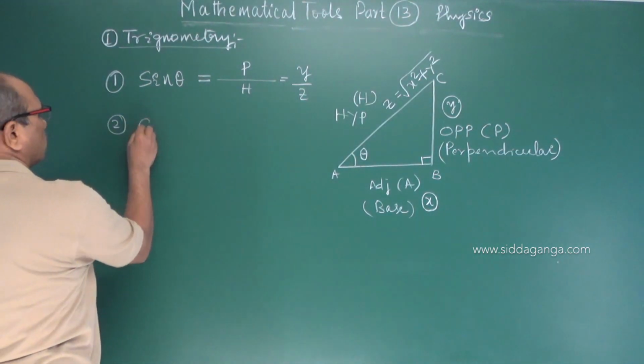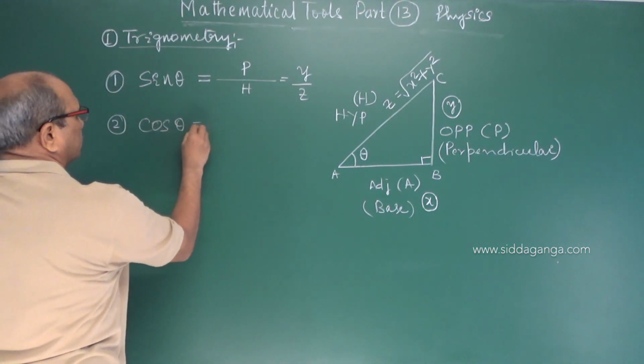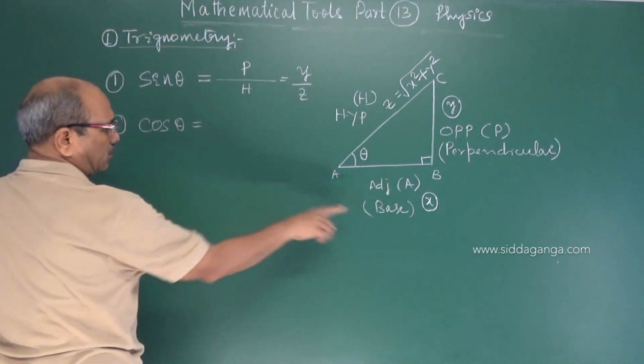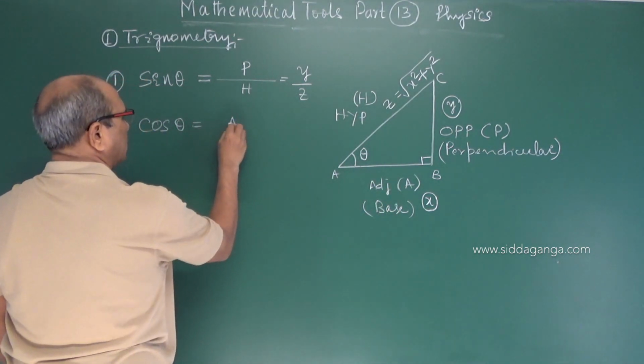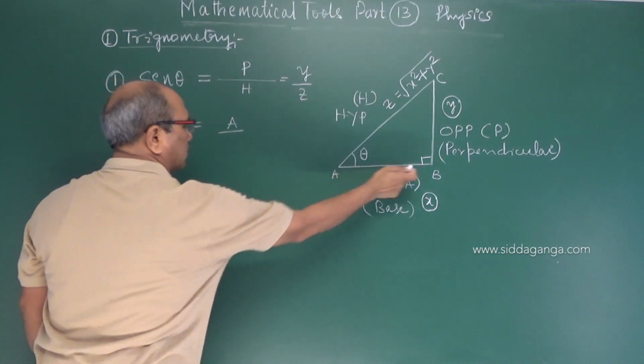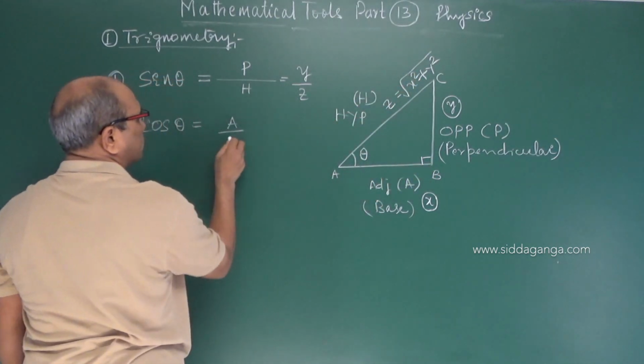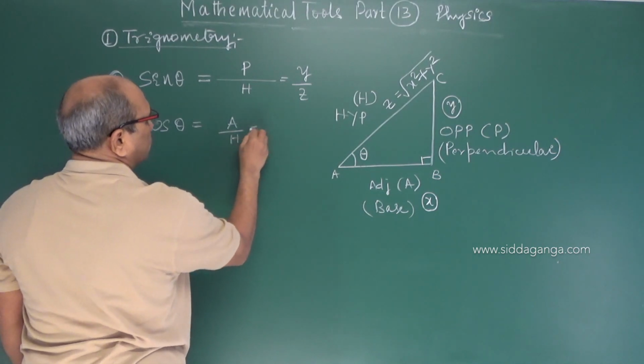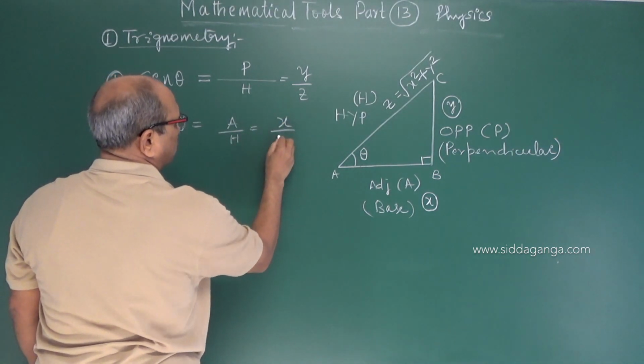The second is cos theta, the adjacent side A by hypotenuse, A by H, which may be written as X upon Z.